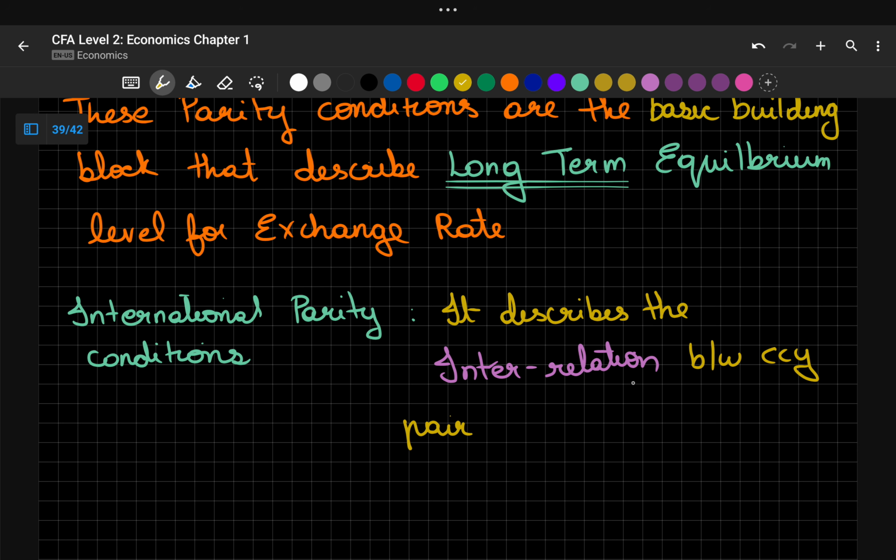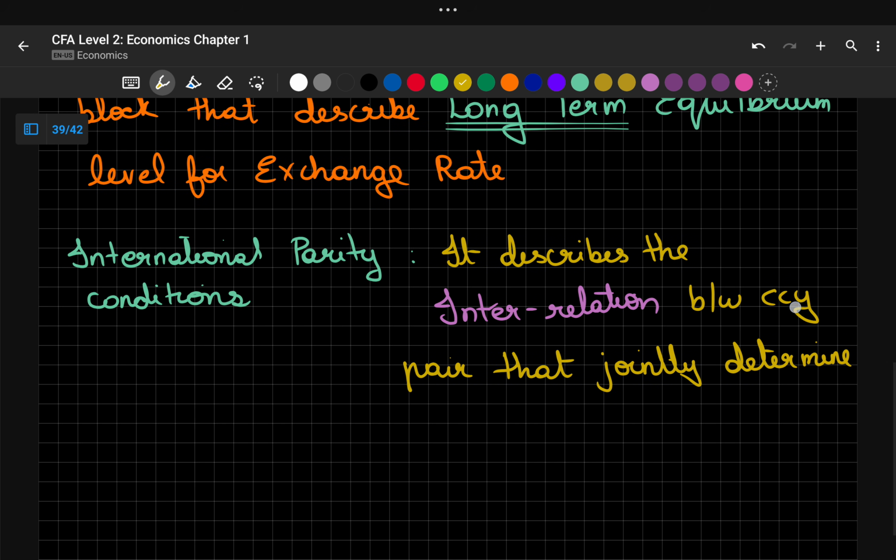It describes the interrelation between currency pair that jointly determine the long run movements. Again, it is for the long run, not short run, but long run.